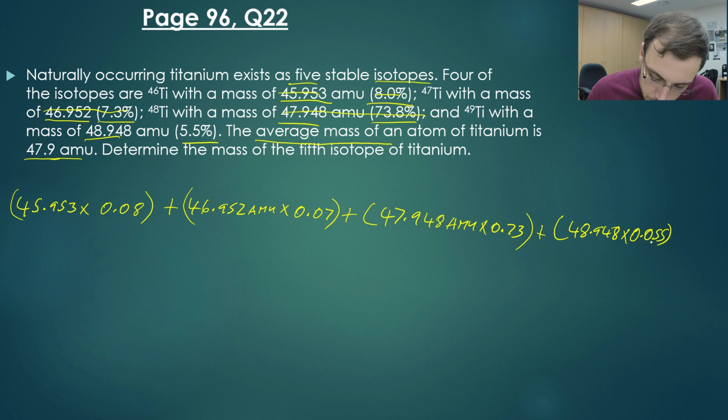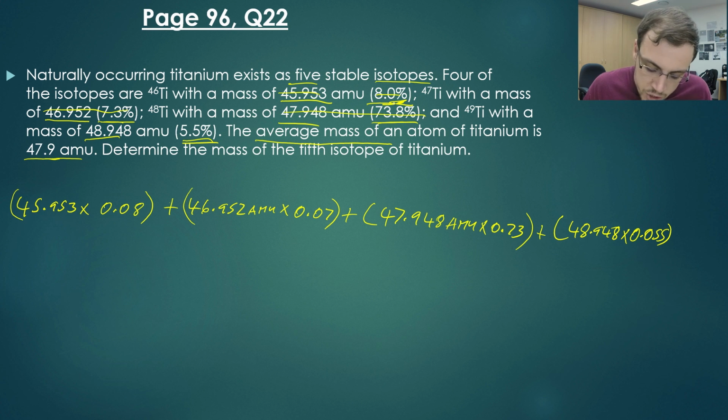So here's what we can do. We get our calculator and we add up all of these percentages here, because we have our percent abundance. With all of the 5 isotopes put together, they must equal 100%.